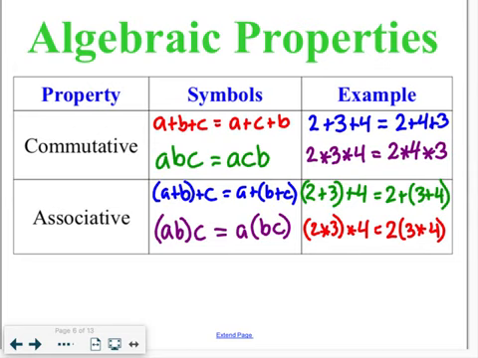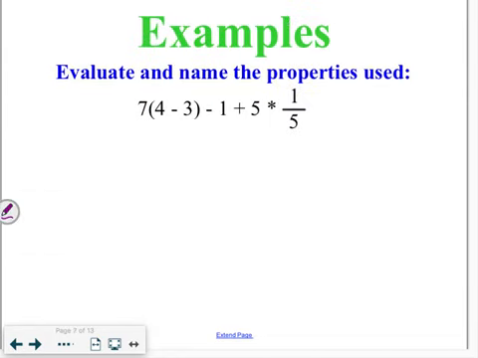So now that we've got the names for all of these properties, we're going to use them to help us simplify numerical expressions. So we have the expression 7 in parentheses 4 minus 3 minus 1 plus 5 times 1/5. Our goal here is to solve this problem and to be able to name the properties that we use. First thing the order of operations tells us to do is 4 minus 3.